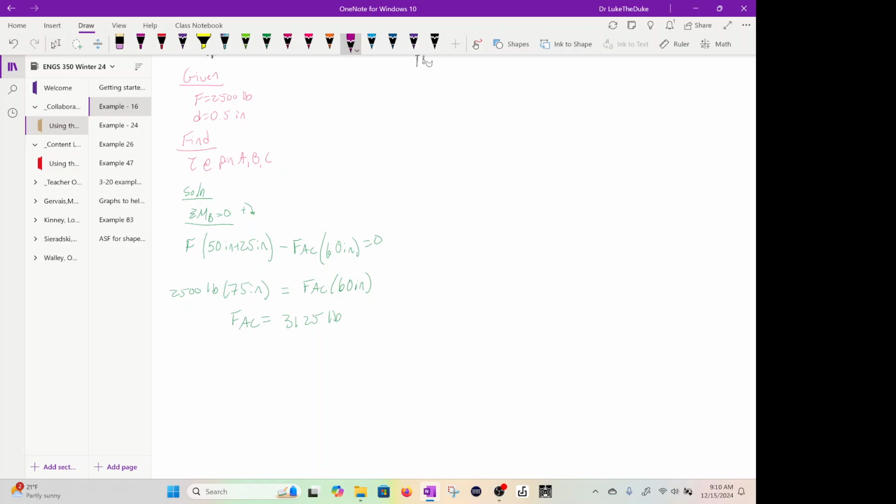And I'll do it over here because it's kind of the same. If we sum the forces in the x, set it to 0, we have Bx minus FAC equals 0. Then we have Bx equal to the 3,125 pounds. We sum the forces in the y, set those to 0. We have By minus F equals 0, and By then becomes 2,500 pounds.